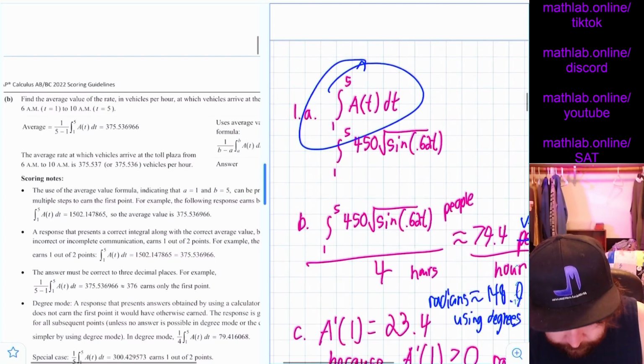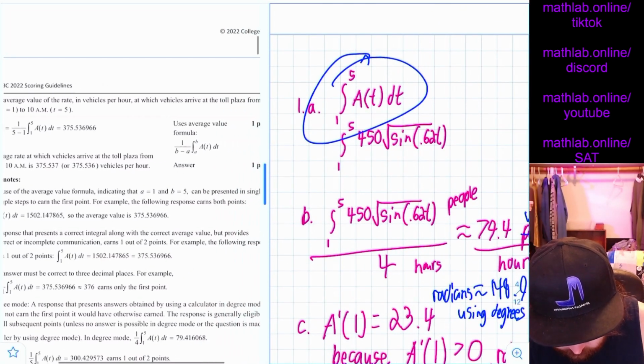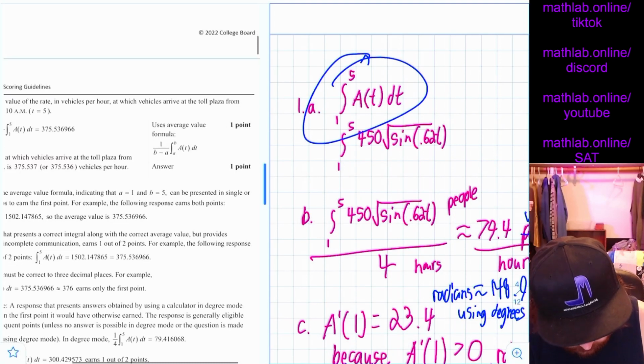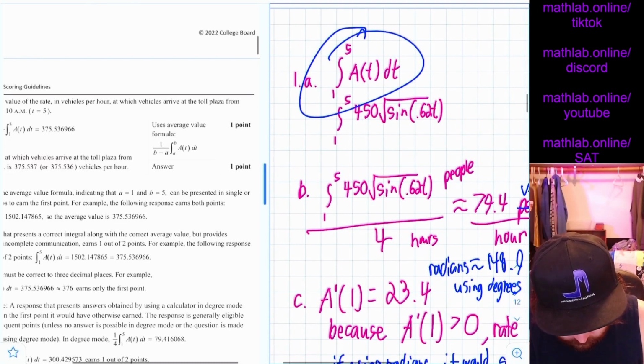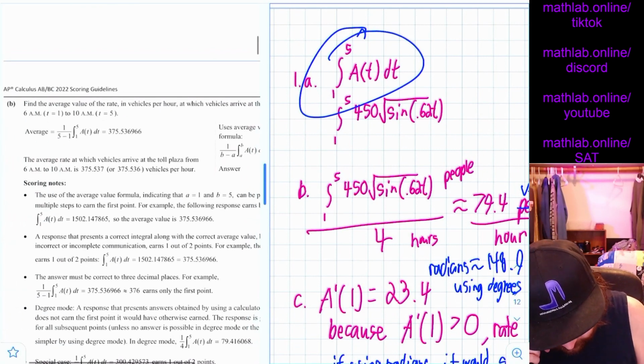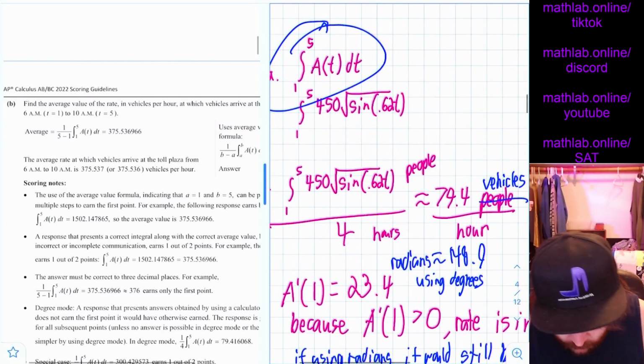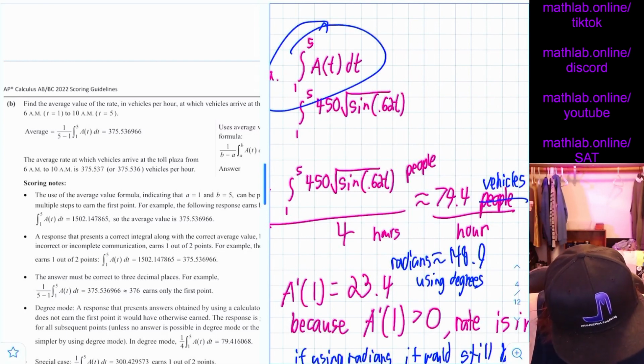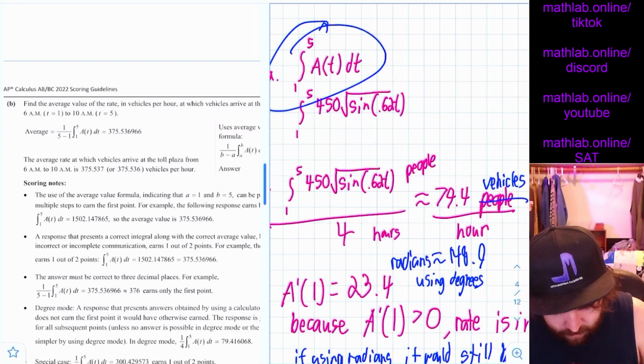All right, B. So, I mean, we did it correct, right? What was the answer? Oh, whoa. 375? What? I got 79? What?